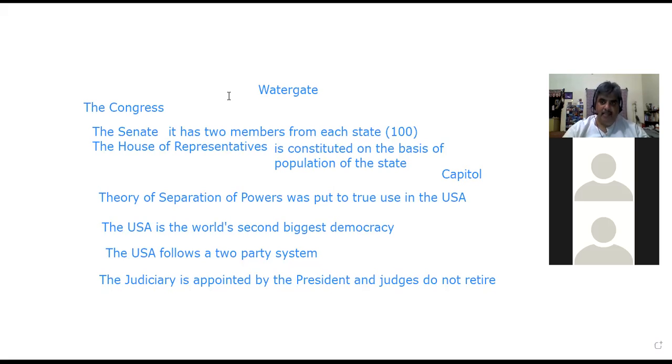Okay. And that is because of the fact that the majorities in the Senate usually are the same as the person who is coming from the president, who is coming from one particular group, which is either Democrats or Republicans. Okay.